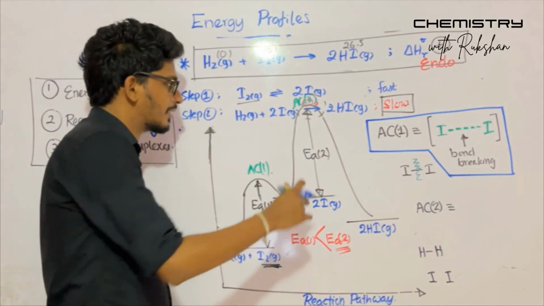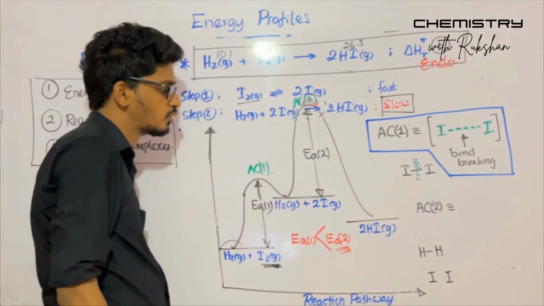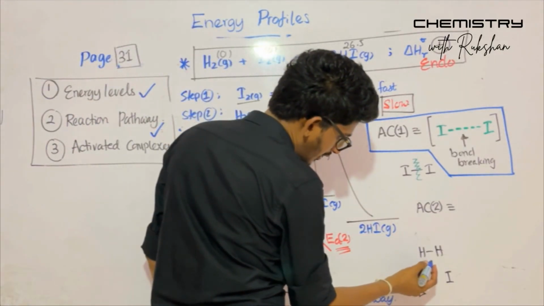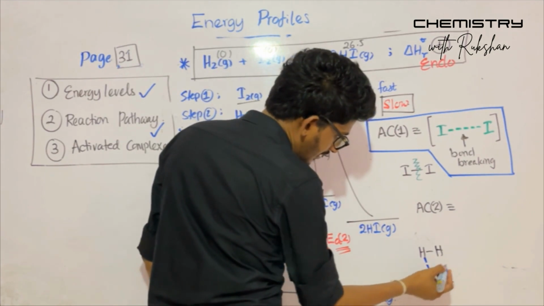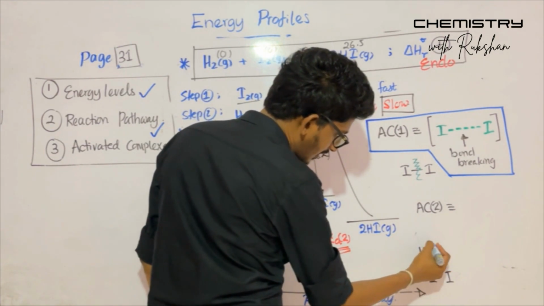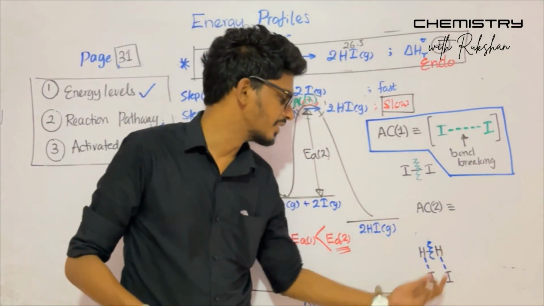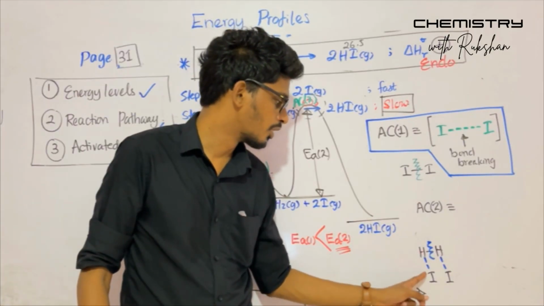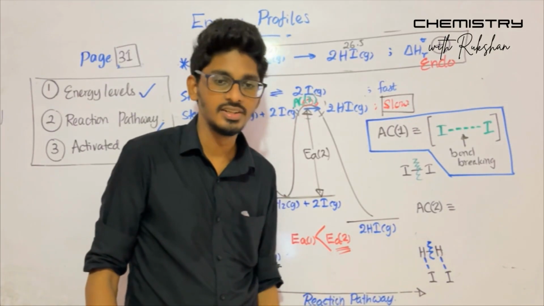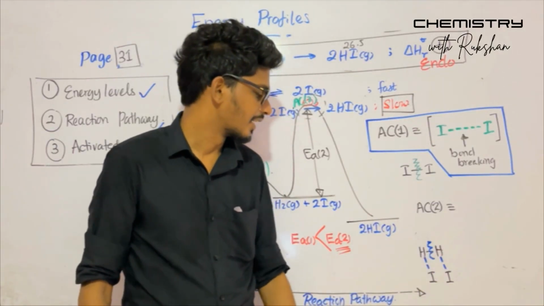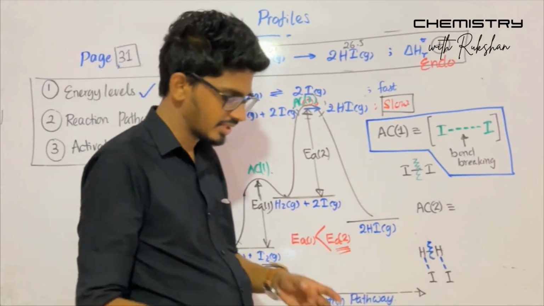Basically, the products are two of HI. You can produce two of HI by forming these two bonds and breaking this one. If you break this bond between the two hydrogens and form two bonds between the hydrogens and iodines, you will get two HI molecules. And this bond will break.